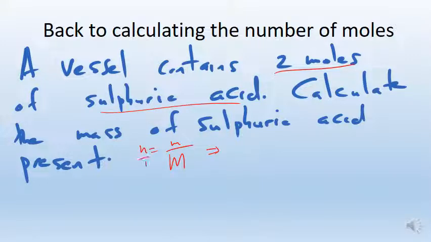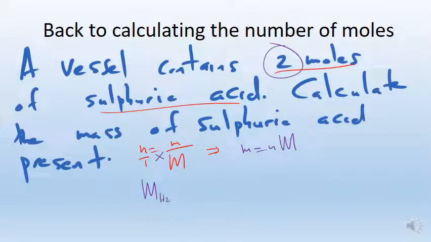So that's over 1. So if I cross multiply, then mass, m times 1 is m, and that must equal number of moles times molar mass. I've got the number of moles is 2. What I'm missing is the molecular mass of sulfuric acid.